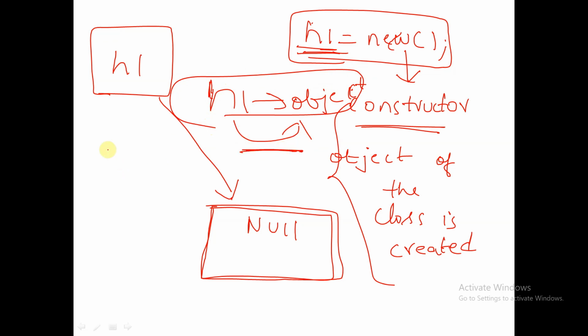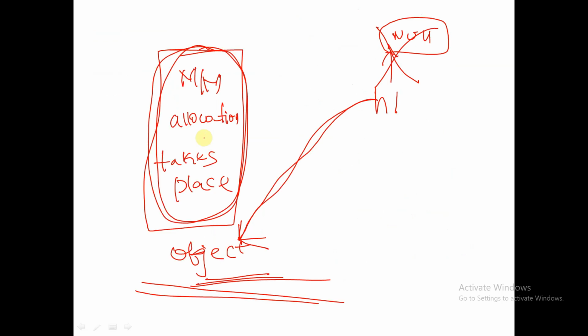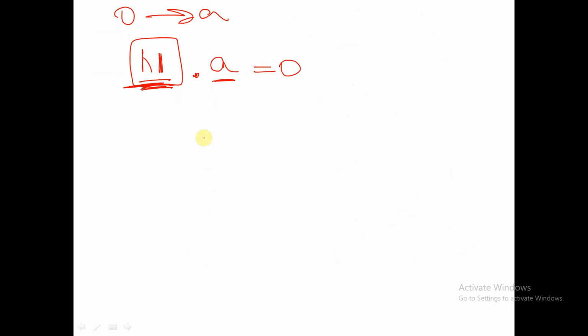A memory will be created for this class, and we can store the values of the properties inside this memory. Like this, the memory allocation takes place for a class. So this is the procedure for creating a handle and creating an object for the class. Is it clear?